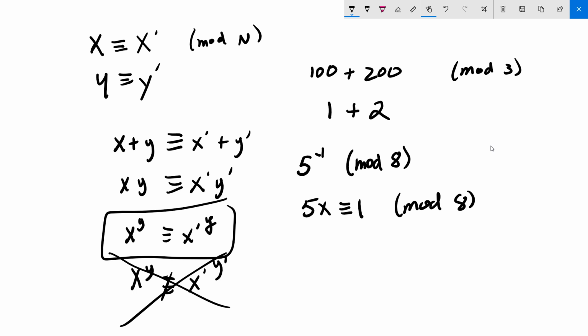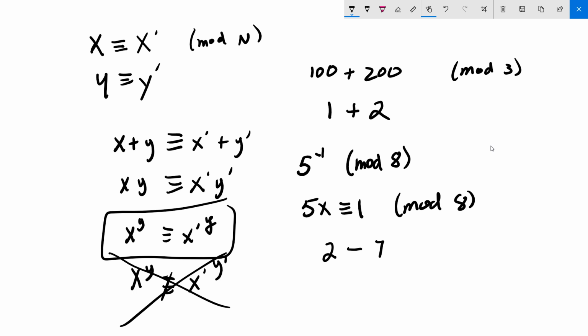So 0 is never going to work. You're not going to get 1 by multiplying something by 0. 1 will only work if you're trying to find the inverse of 1. So really, you just have to consider the numbers 2 through 7. So you just try them. 2 times 5 is 10. That's 2 mod 8. 3 times 5 is 15. That won't work. 4 times 5 is 20.